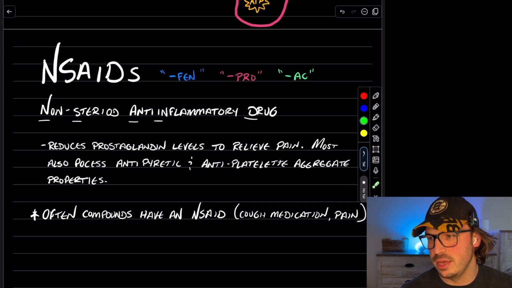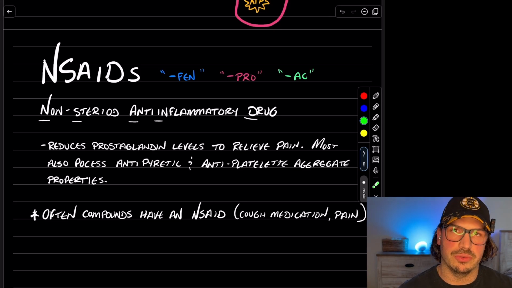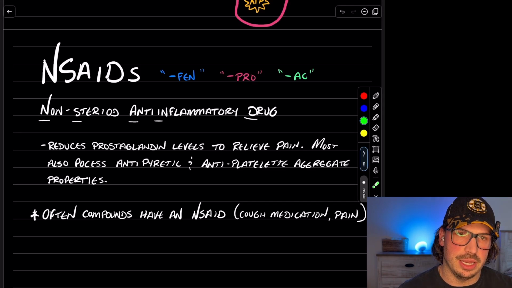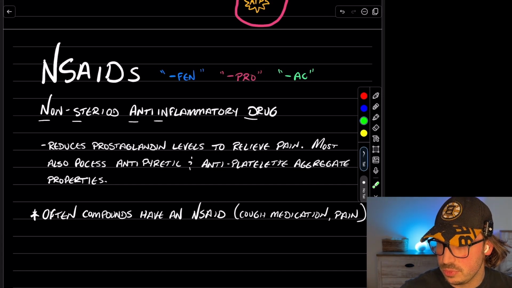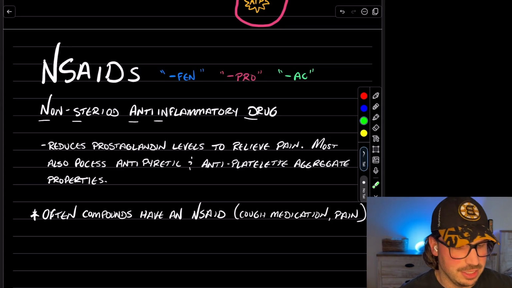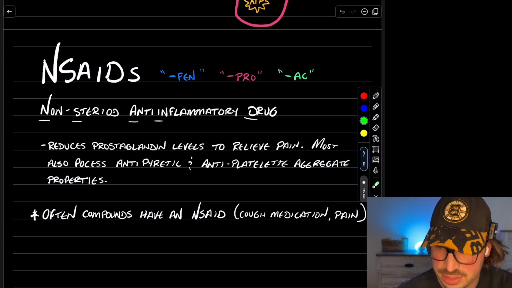There are a bunch of lesser-known ones, but the big one you should know about is ibuprofen, and you should definitely know some of the brand names people take, like Motrin and Advil. Obviously, we also have ASA, acetylsalicylic acid.